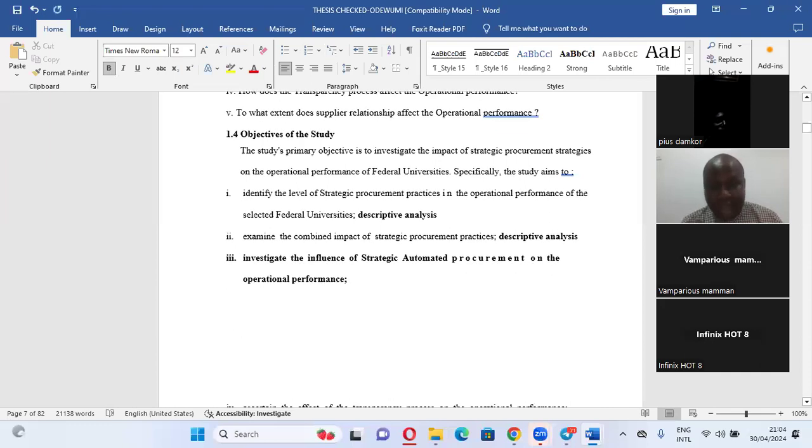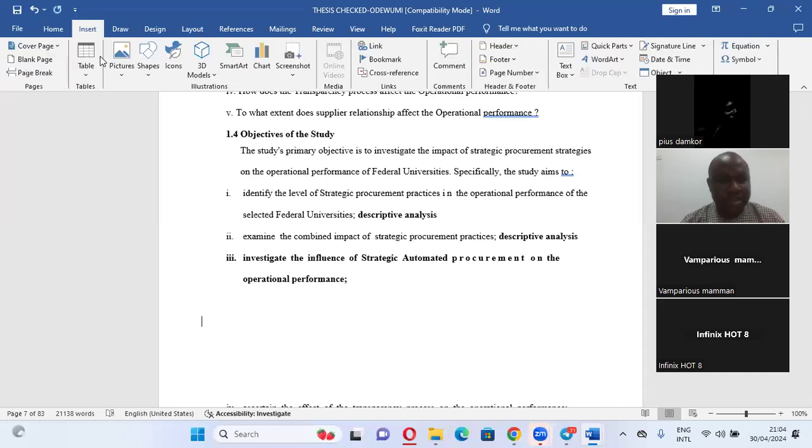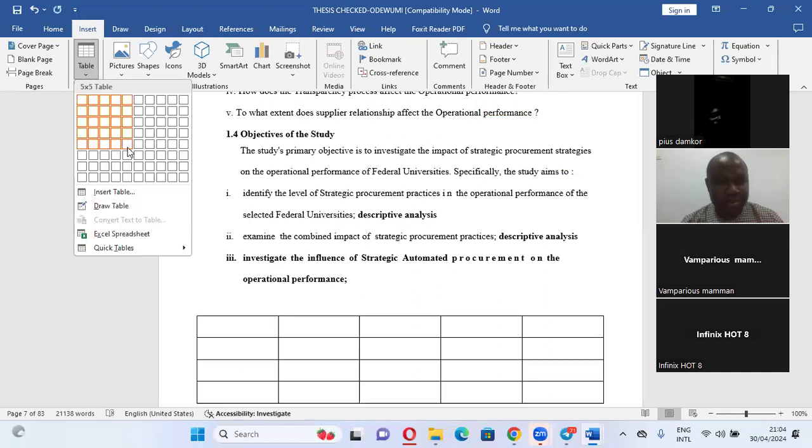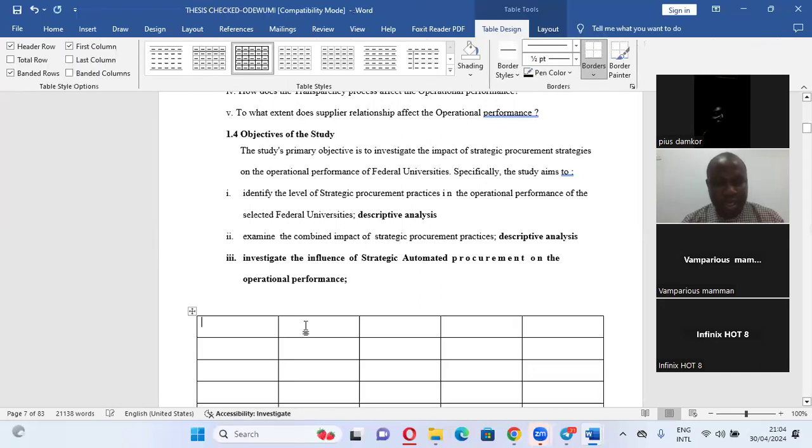Let's assume in the questionnaire, they formulated, our time is fast spent, but let me explain this. And they say, strongly agree, agree, disagree, strongly disagree. And then they put a statement together. Now look at this. Investigate the influence of strategic automated procurement on the operational performance.